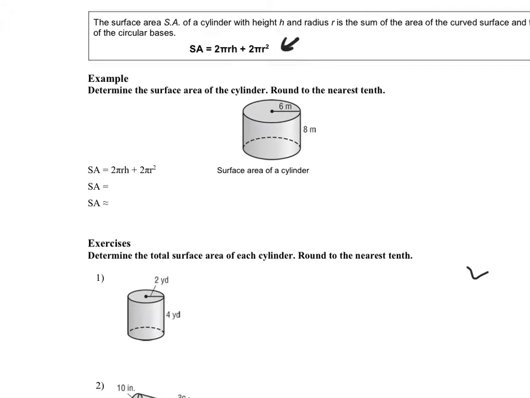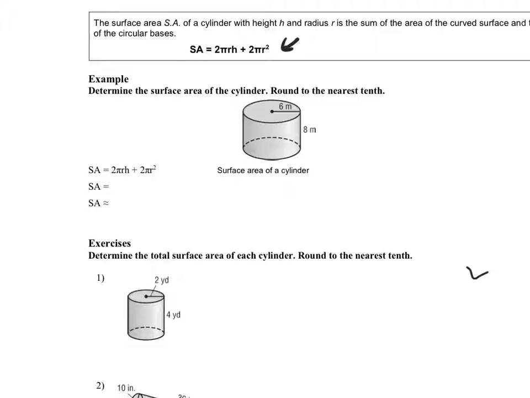The formula says 2 pi r h plus 2 pi r squared. We've been using 3.14 for pi. The radius is a thing we know, and the height is from base to base, circle to circle. The second part is 2 times 3.14 times radius squared.